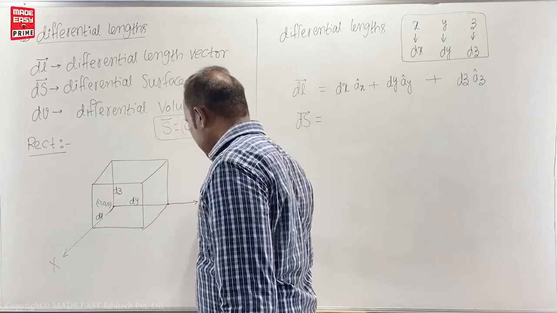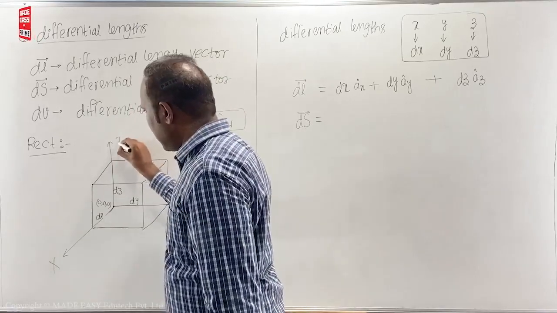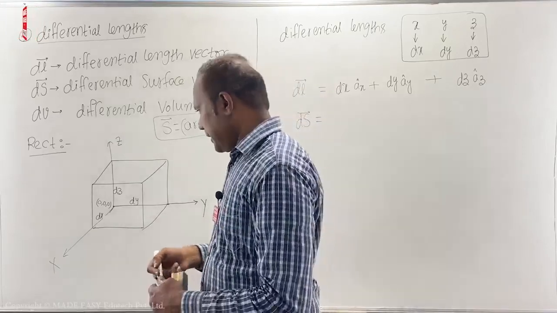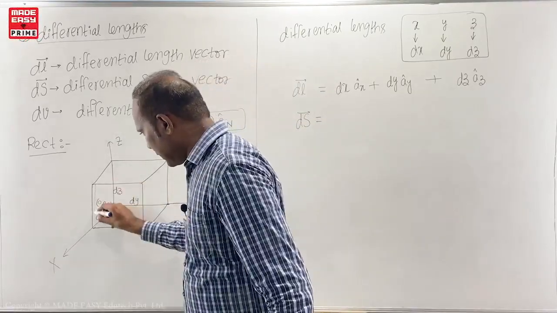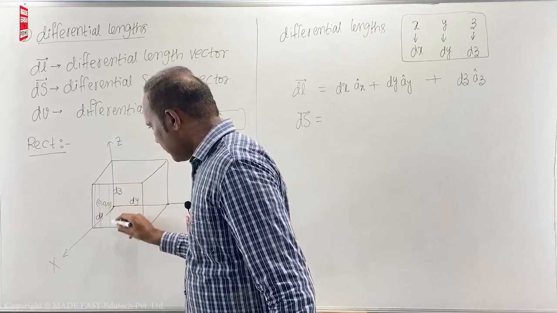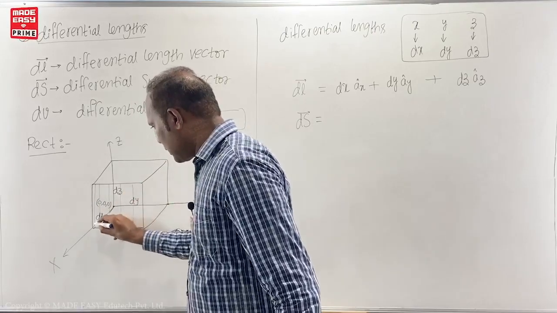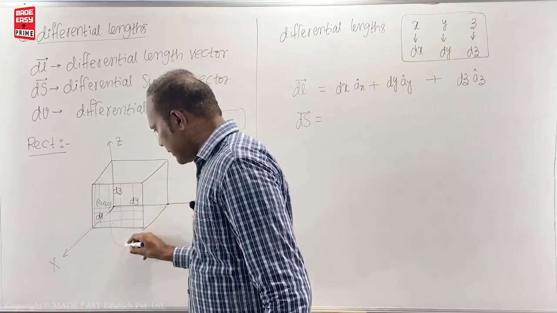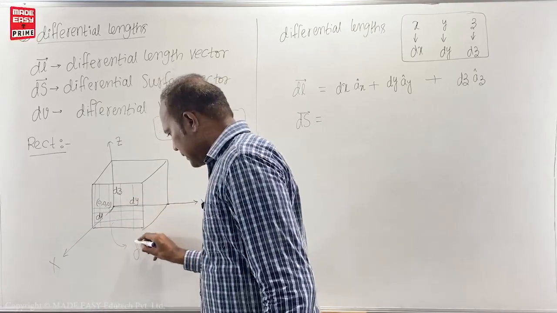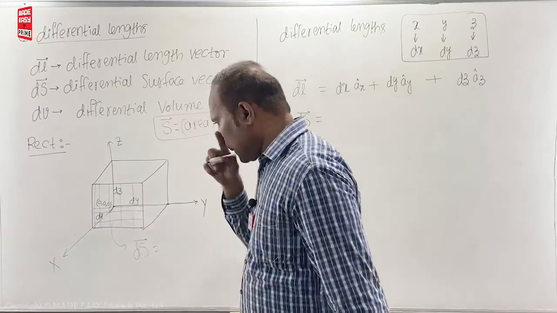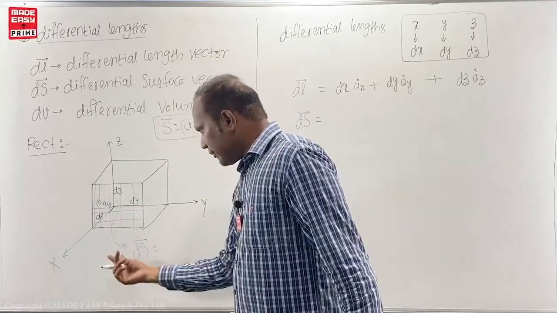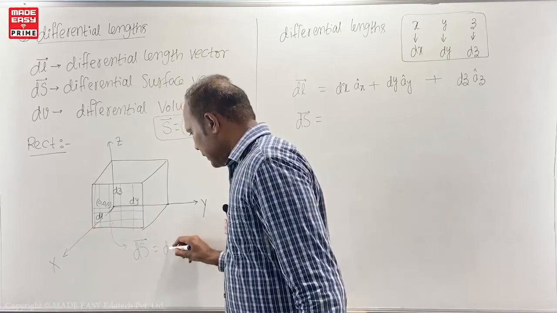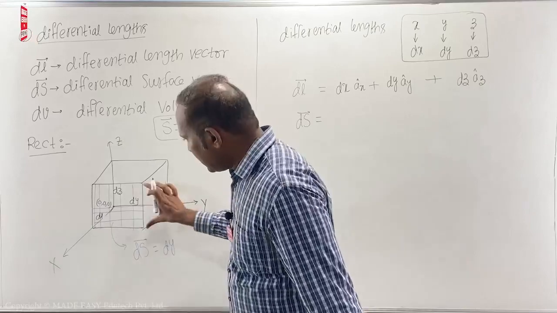This is the y-axis. So this one is the z-axis actually, dear students. Now, for the front surface, I am drawing here like this. For this front surface, ds bar is equal to, now for this surface, this is dy, and this is dz.